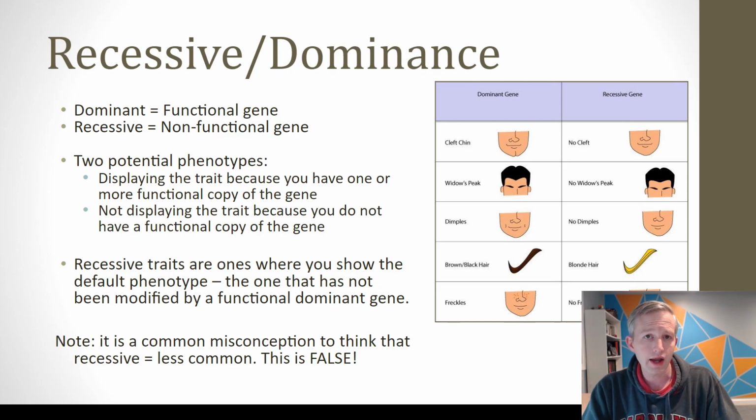So if we think about eye color, and traditionally, we oversimplify eye color a lot, but if we take that traditional view, brown eyes are dominant and blue eyes are recessive, it's not that you have the brown eye allele and it gives you brown eyes, and you have the blue eye allele and it gives you blue eyes.